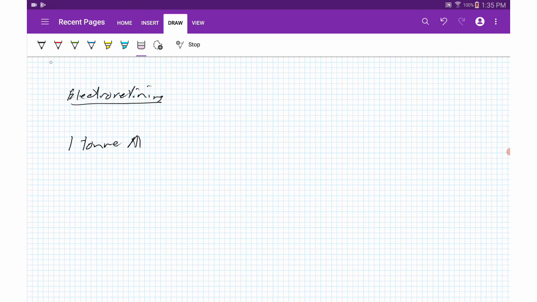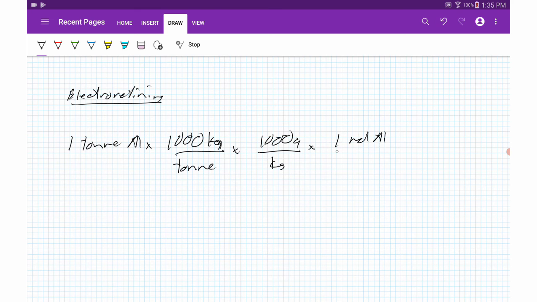So that's 1,000 kilograms per ton, 1,000 grams per kilogram. And 1 mole of aluminum is 26.96 grams of aluminum.